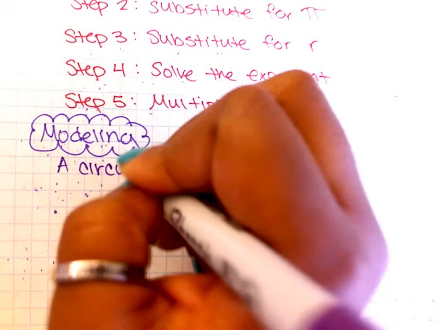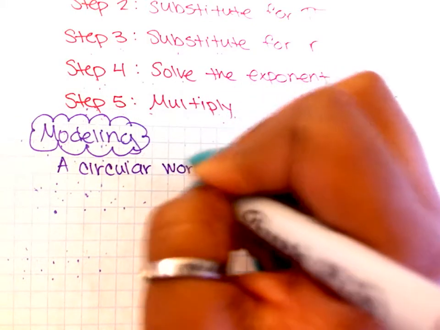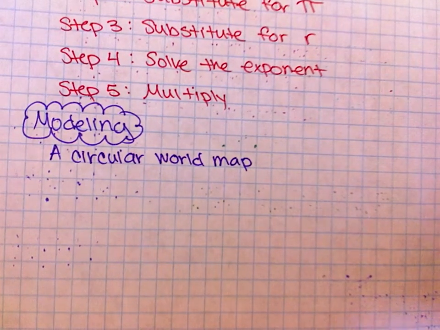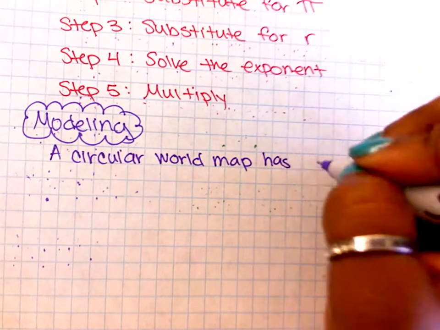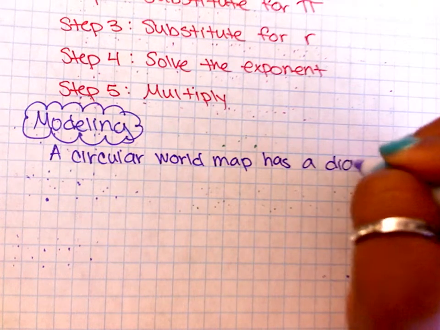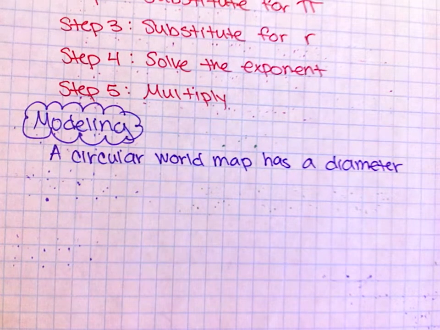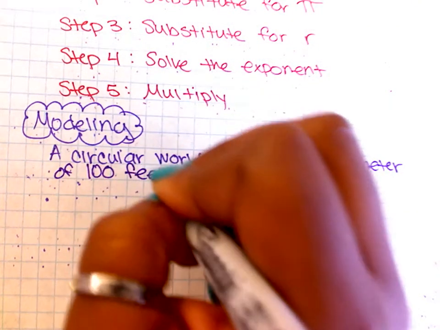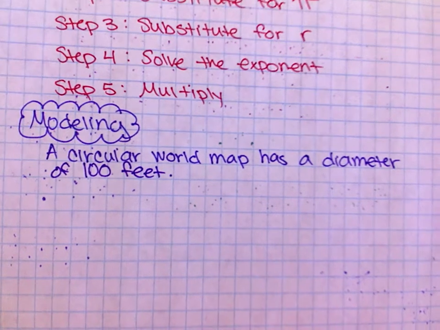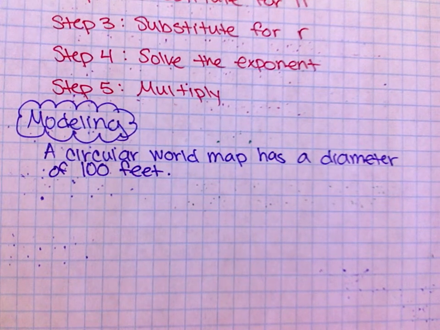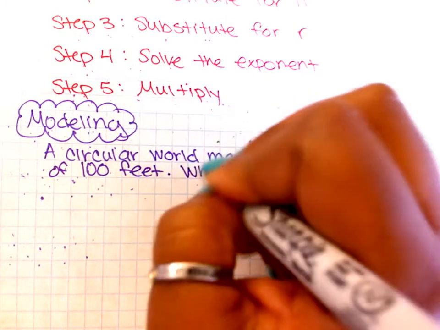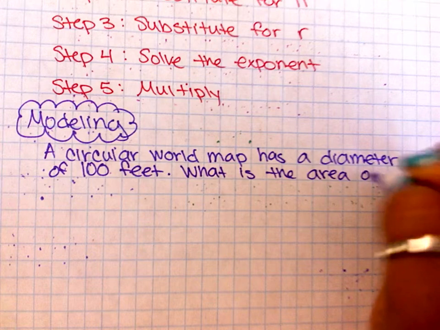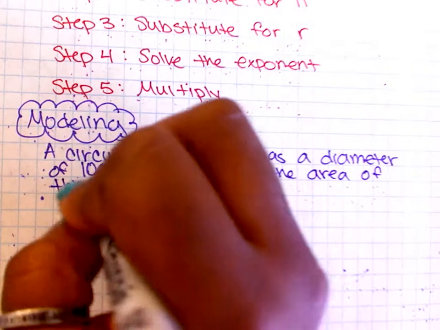A circular world map has a diameter of 100 feet. What is the area of the circular map?